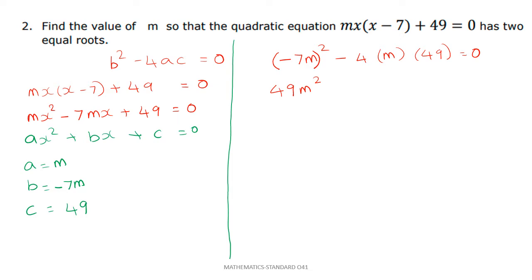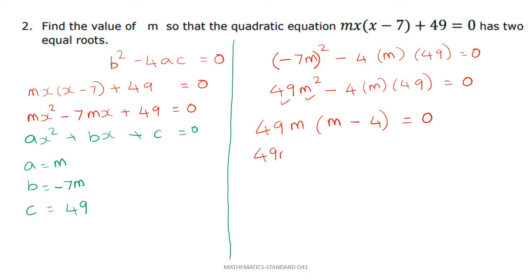49m squared minus 4 into m into 49 equal to 0. So here I have 49m in both terms, so let me take it out. The remaining is m and here 4, equal to 0.